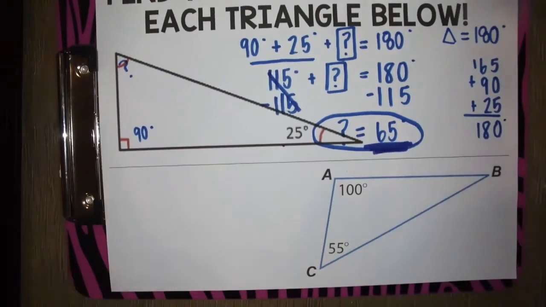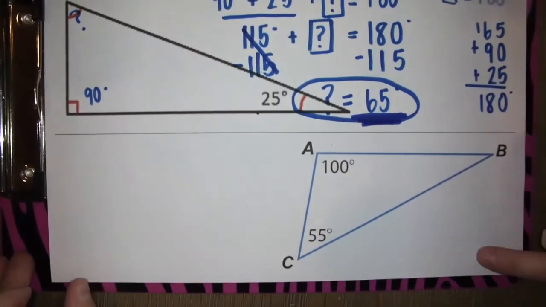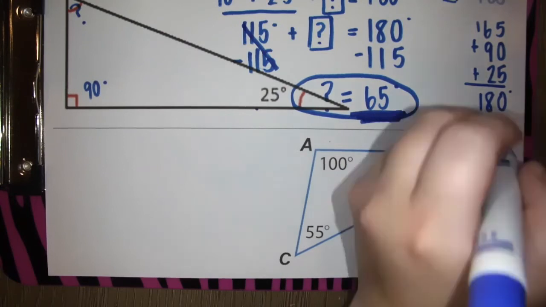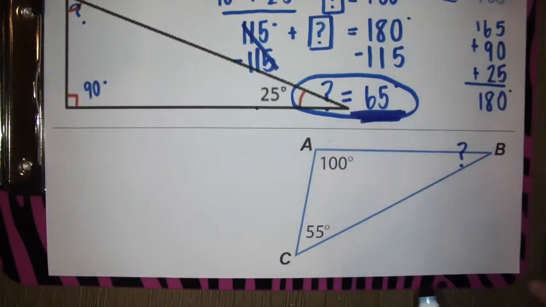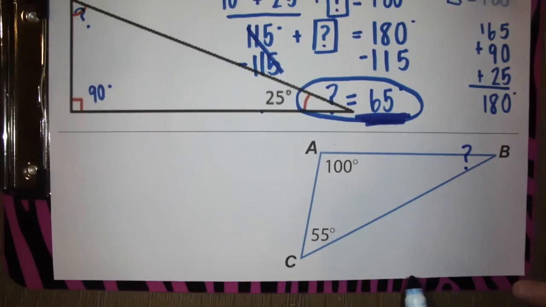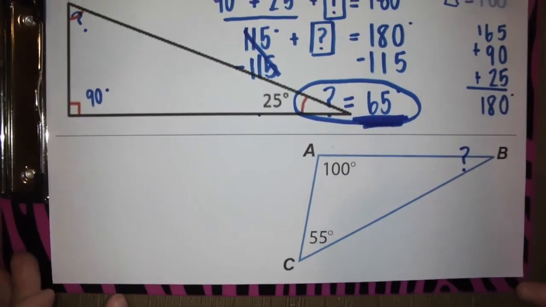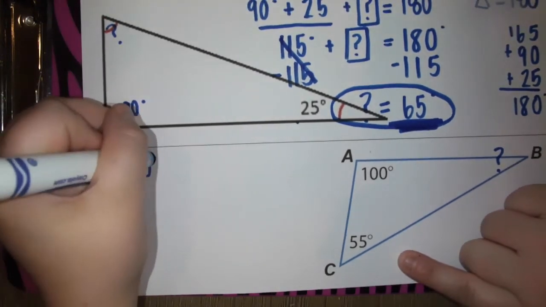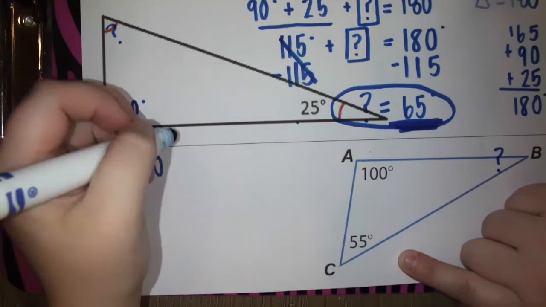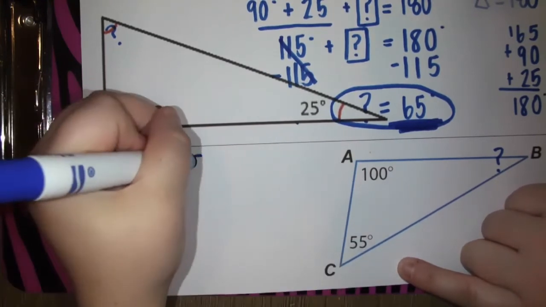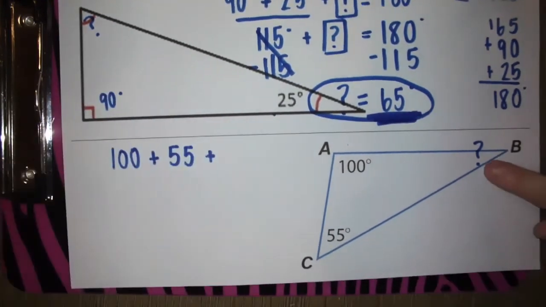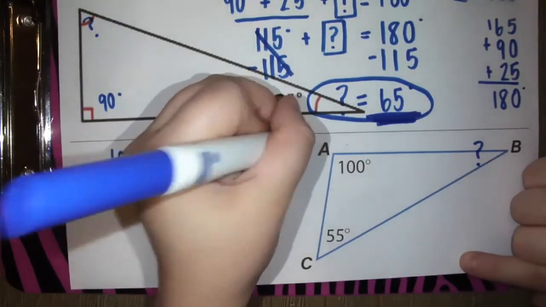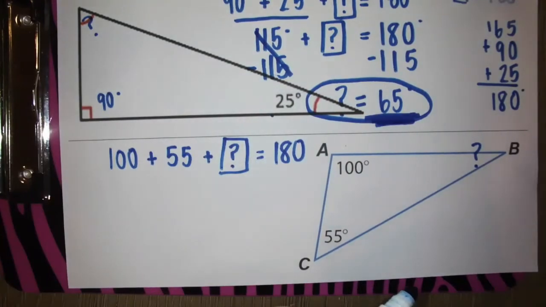On to the next problem. I have this triangle down below here, and I have two measures given to me, but I'm just missing my third. So that angle B there is going to be my missing angle. I'm going to use the same exact angle sum theorem that I used on the last question, where I added my values that I had, which was 100 degrees and 55 degrees, and that mystery angle of mine to equal 180, because that is what all the angles in a triangle need to add up to.